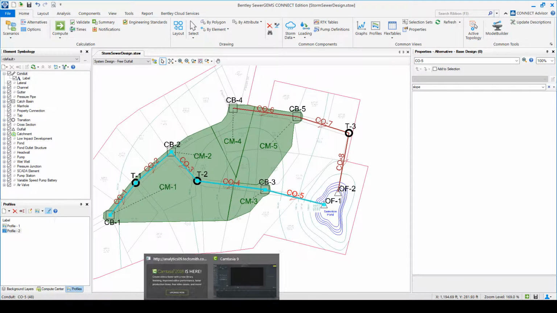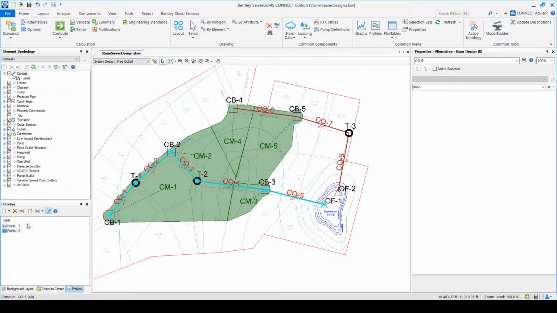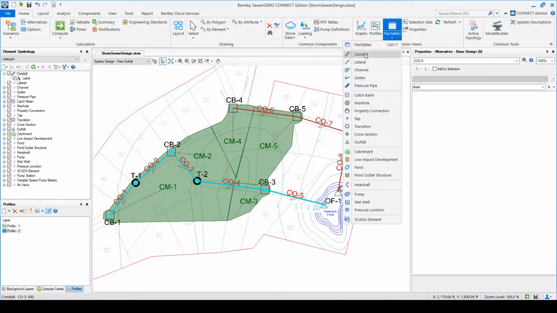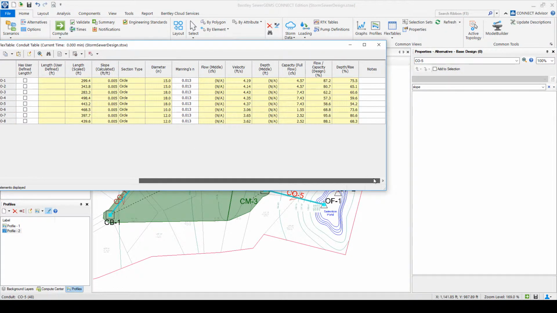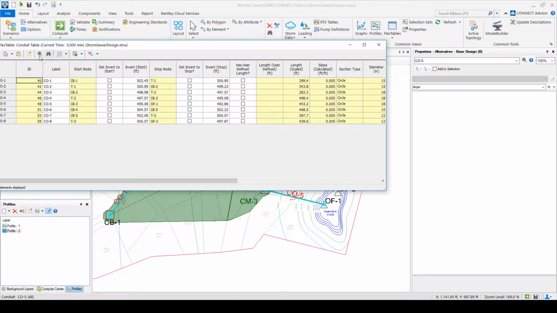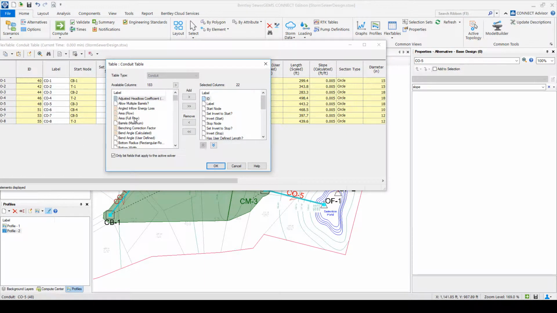All right, so we were asked about free outfall conditions. So what we have right here, what profiles do we have? We can take a look at the pipes in the flex tables. Let's see if I have it. Don't have that listed, but I can take it out.